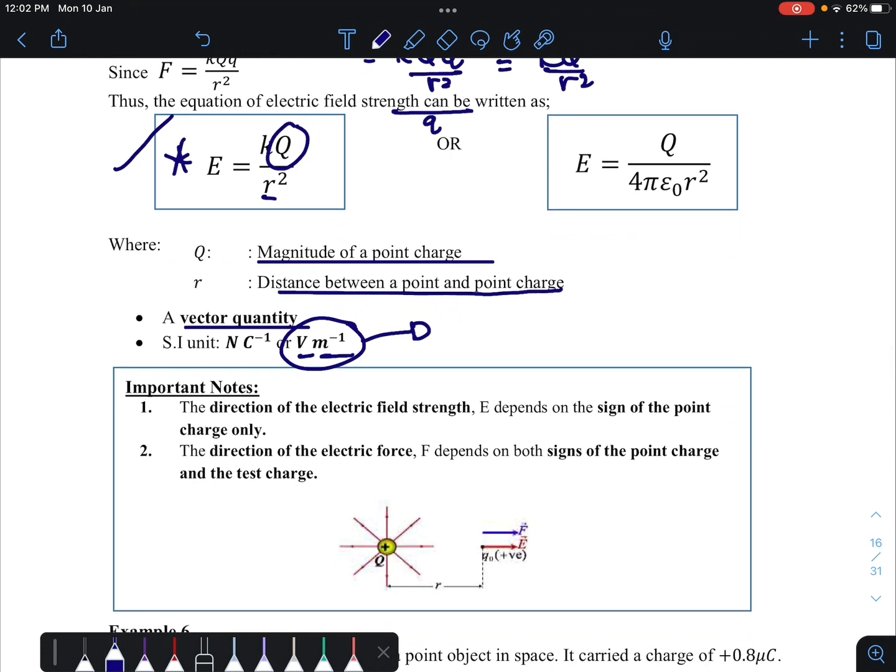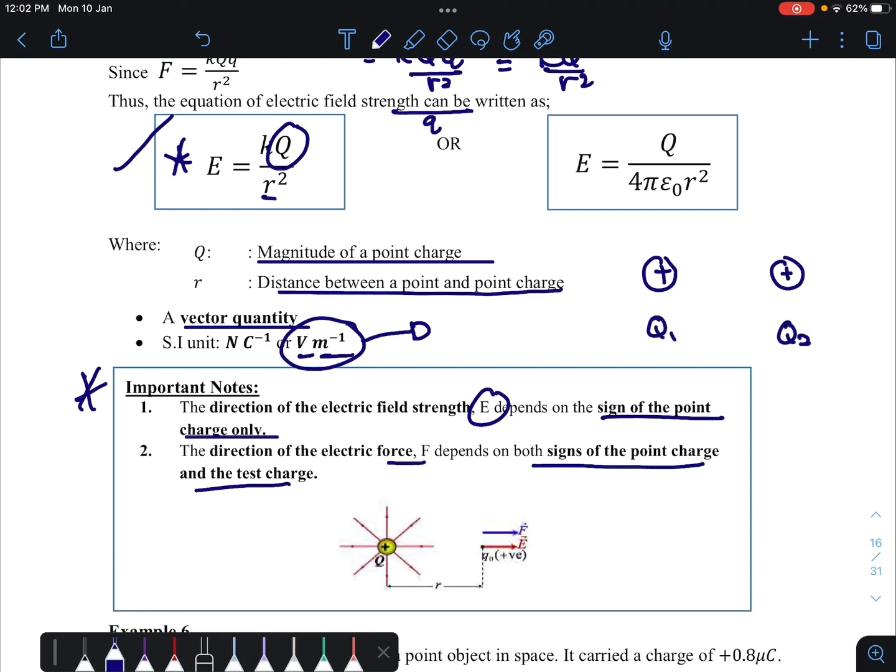Alright. So, important notes here. The direction of electric field strength E depends on the sign of the point charge only. The direction of electric force depends on both the sign of the point charge and the test charge. What this means is, let's say you have two charges, Q1 and Q2.